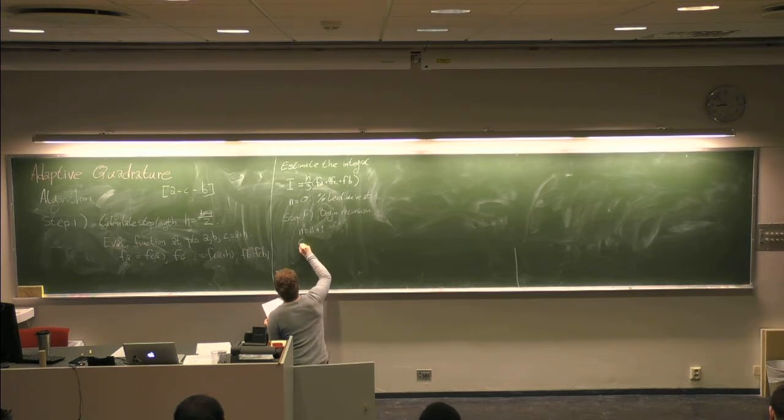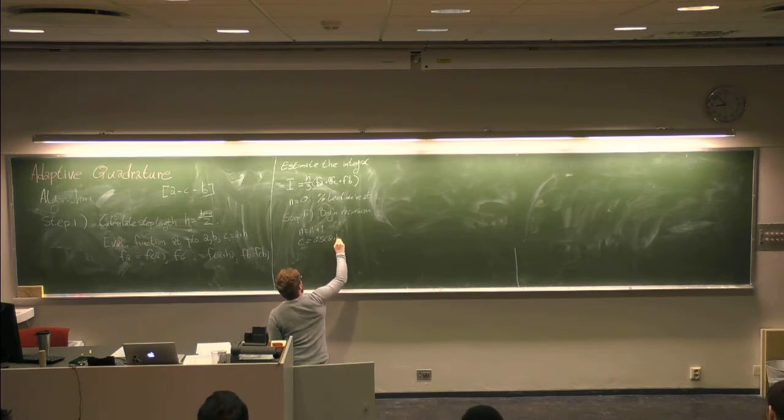Yep, so I'll save this. I need this midpoint, C, which is just 0.5 times A plus B, or basically just A plus B over 2. This should be my midpoint.